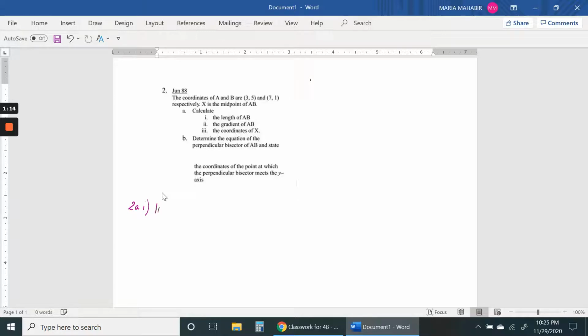So length of AB, we know to find the length of a line is the square root of (x2 minus x1) all squared plus (y2 minus y1) all squared. Label my A and B, x1, y1, x2, y2.